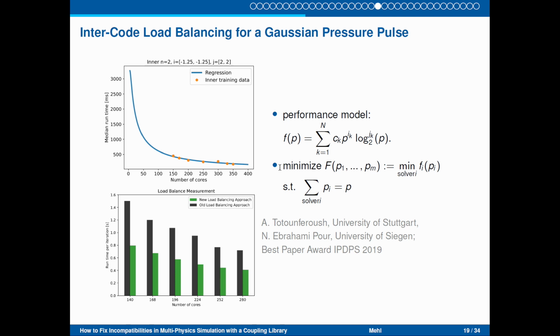Then you get from runtimes indicated by the black bars to the green bars, so you reduce your runtime from my heuristic best, based on my experience, to what this automatic model does. This requires an offline phase where you run some simulations for both solvers, generate data, then you do your modeling, and then you do the optimization.